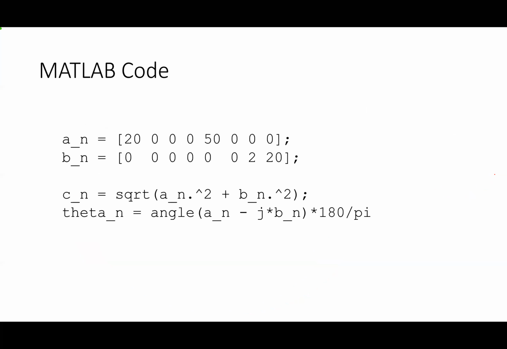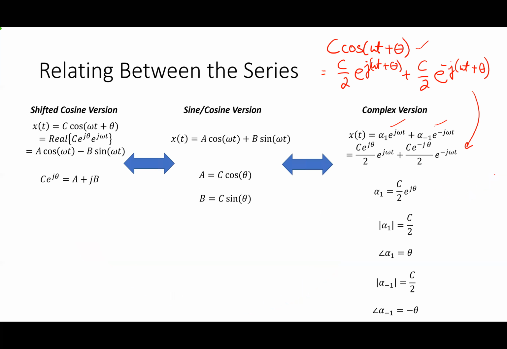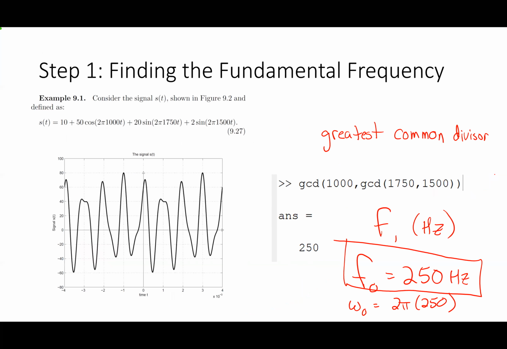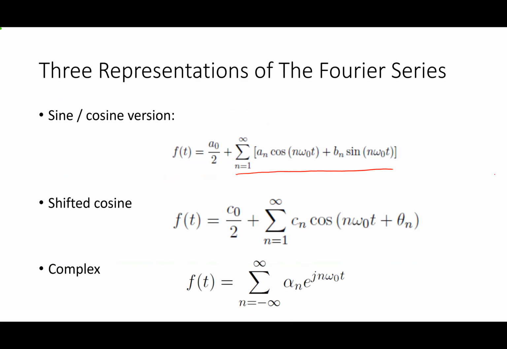So if I go back here to the series itself, different forms of the series, one thing I want to note very carefully is this. Look at the sine cosine version of the series, the shifted cosine, and the complex form. What's different about the complex form relative to the other two? It doesn't have the DC term floating on it.